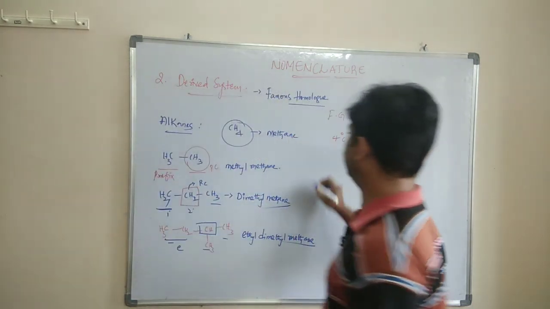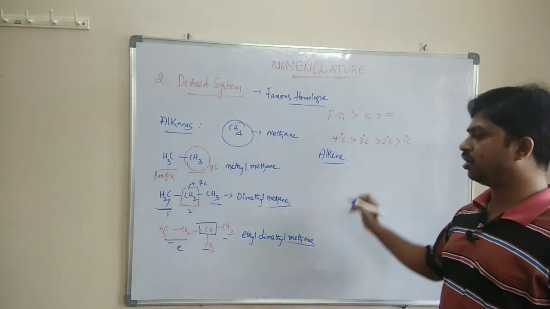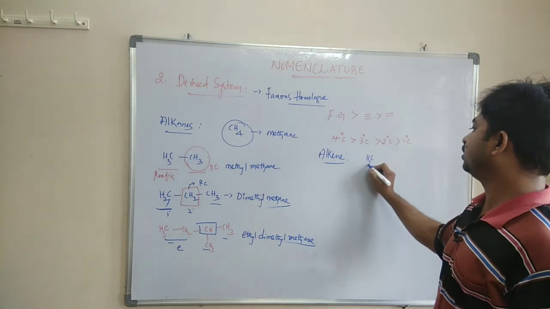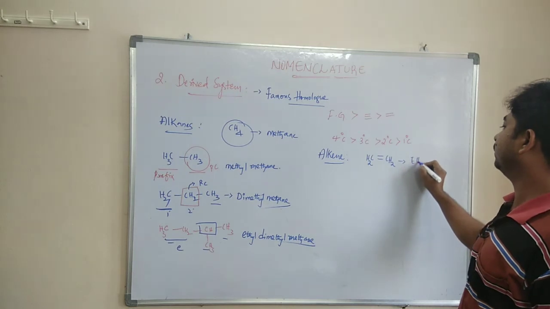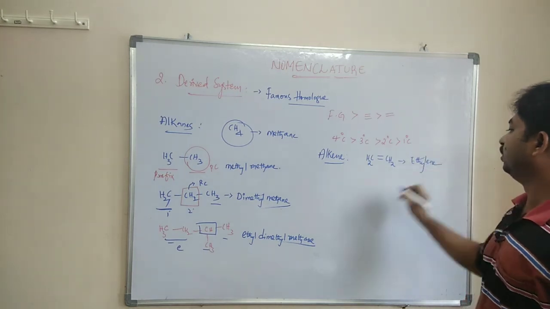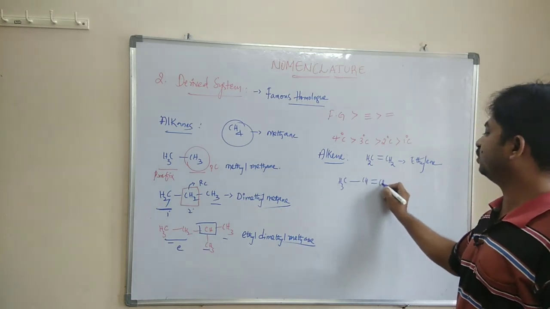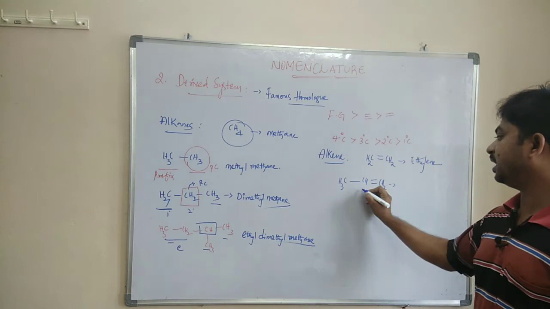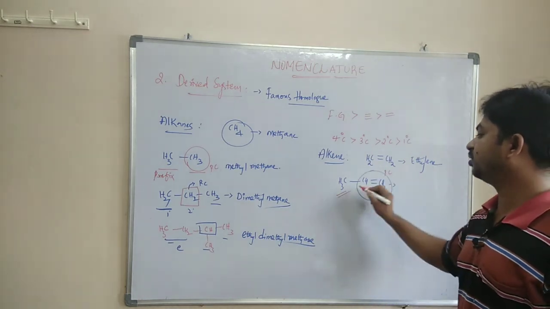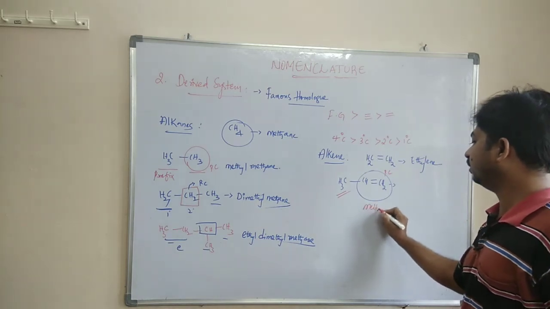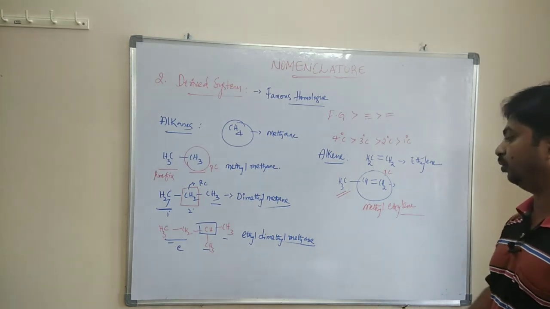Then what about alkenes? The famous homologue of alkene is CH2 double bond CH2, which is known as ethylene. Example: CH3 CH double bond CH2. What is the name of this one? It has an ethylene group, so it becomes the parent chain, this becomes the prefix. Methyl ethylene is the name of this compound.